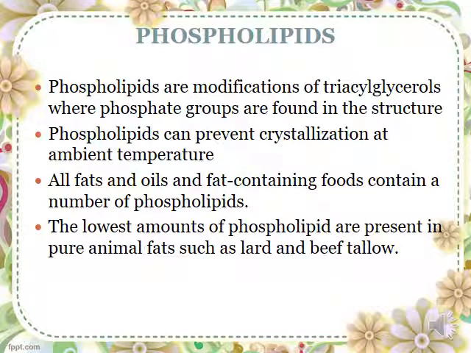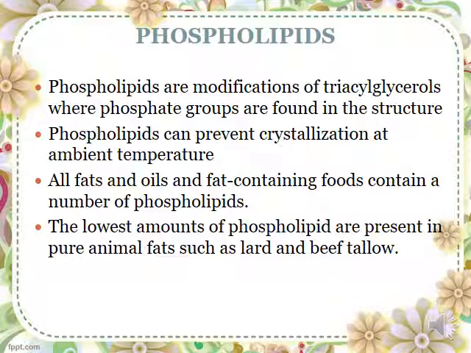Okay, first we will look at phospholipids. Phospholipids are a modification of triacylglycerols, where the non-lipid component is phosphate groups. Like in LU2 we have phosphoprotein, which has a phosphate group in the protein component, similarly phospholipid has phosphate in the lipid.